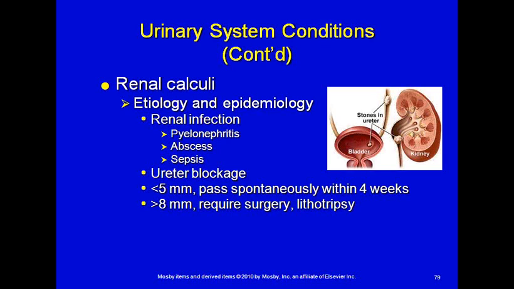Ureter blockage also can occur from the stone being too large to pass. If the stone is less than 5 millimeters, it should pass spontaneously within 4 weeks. If the stone is greater than 8 millimeters, it may require surgery or lithotripsy in order to break the stone up so that it can pass.